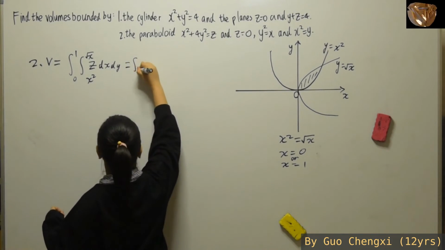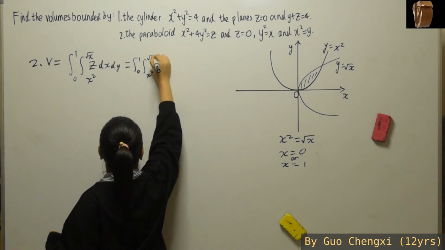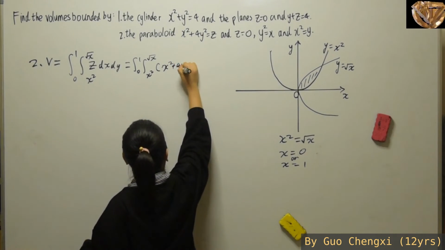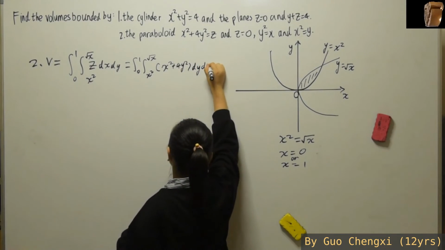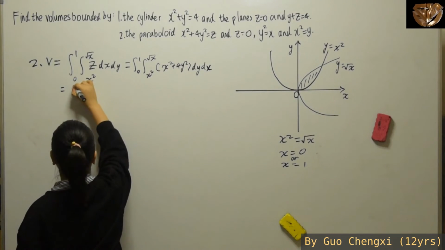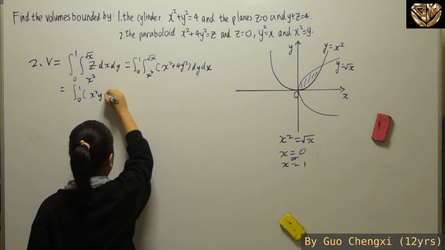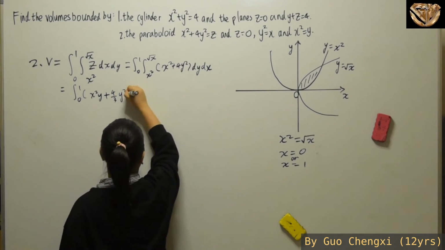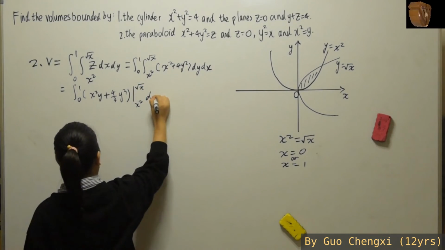Now that we have gotten this part, we can put in what z is. I'm going to put dy first, since we are integrating with respect to y first. Then we can integrate it and we get x squared y plus 4 over 3 y cubed from x squared to square root x dx.